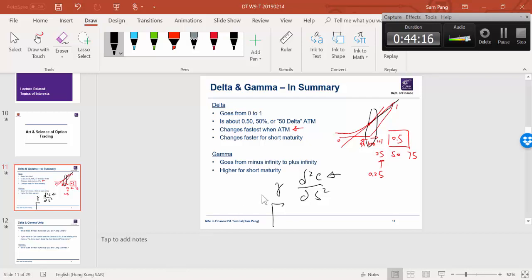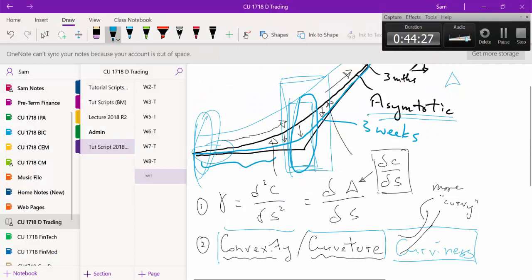And then the second point, it is higher for shorter maturity. Okay? So let's say I now compare.